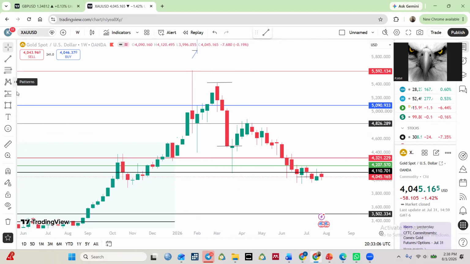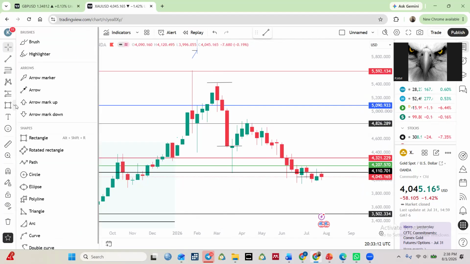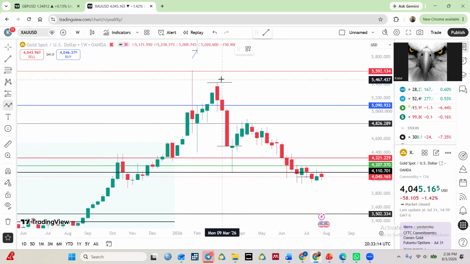what I want you to understand from what we are learning, the structure right now. The structure for market to be going down, it must show you price action, the structure. It must create a bearish structure. So from the weekly time frame, we can say that the market started from here. Then it made a long move up to here.